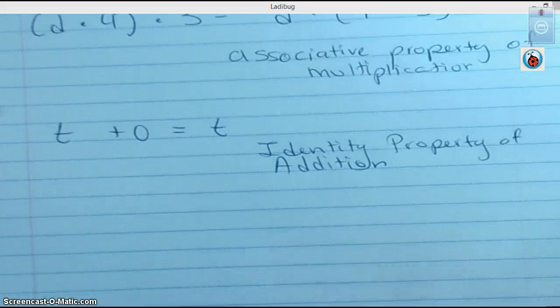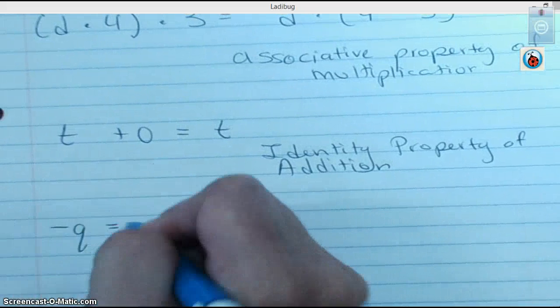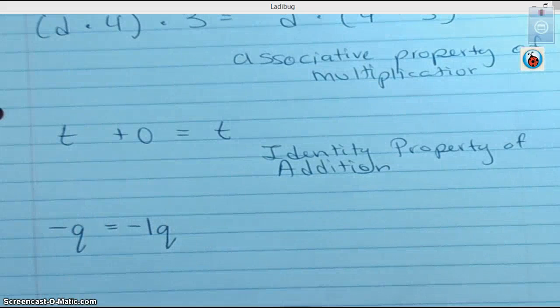What if we have negative q is equal to negative 1 times q? What property is illustrated here? Look at page 55.